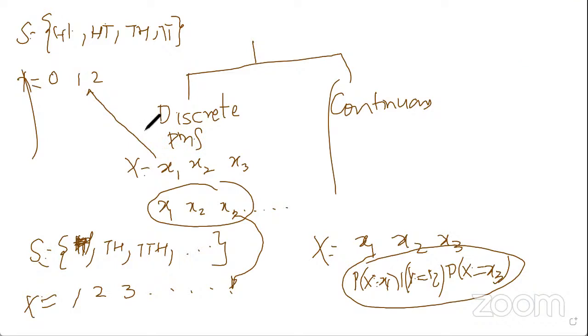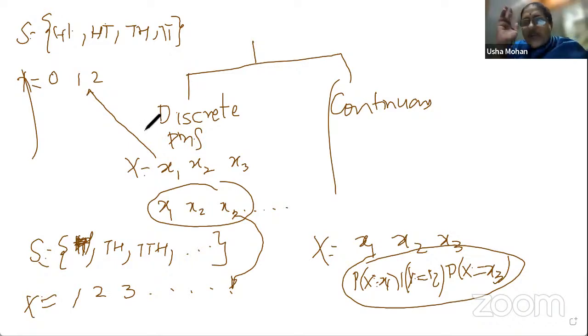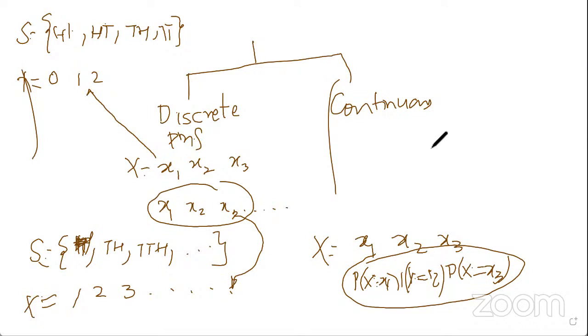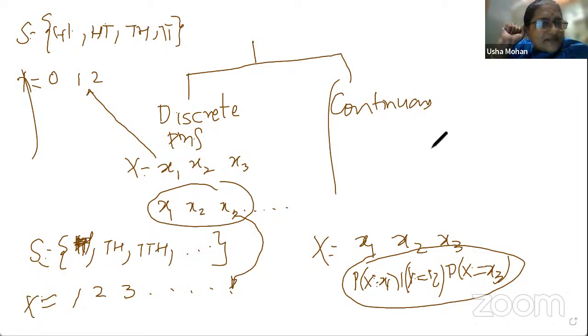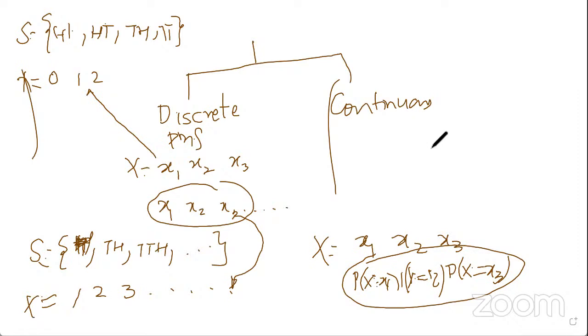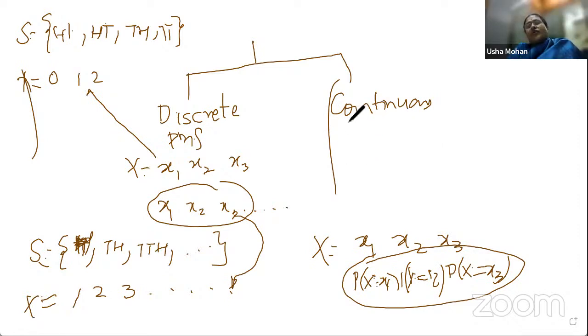You can call it a PDF also, but you should understand that I don't have a density here. A density is usually used when you are talking about an interval. Whereas this is probability x equal to something, it's some sort of a mass. Is that clear? Now the same thing, when I'm looking at, say, heights of people, I don't say that x is equal to something.